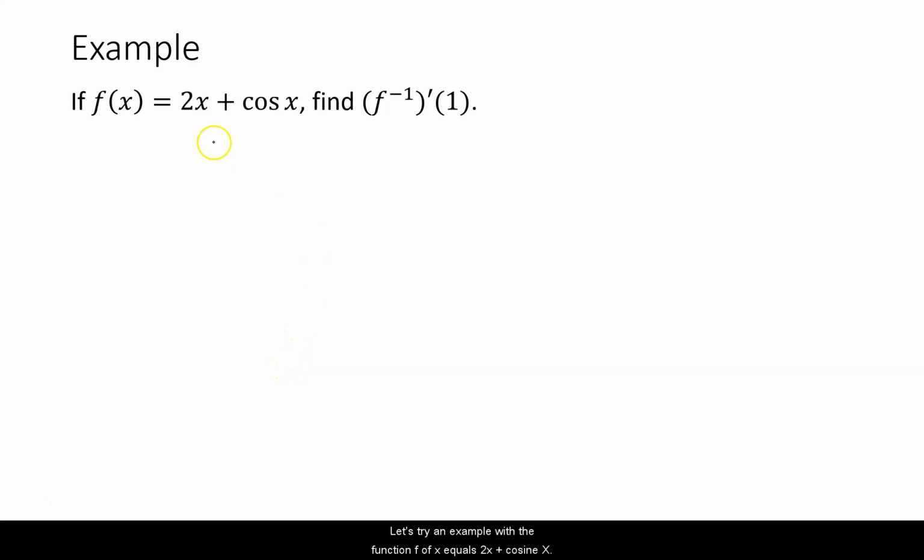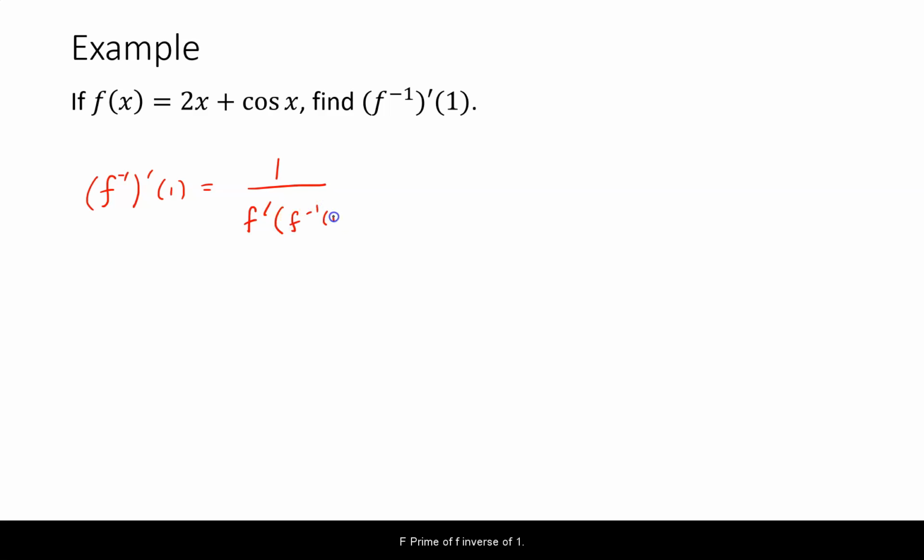Here, let's try an example with the function f of x equals 2x plus cosine x. Here again, we want to find f inverse prime of 1. So f inverse prime of 1, according to our formula, would be 1 over f prime of f inverse of 1. So let's take a second here to try and figure out what is f inverse of 1.